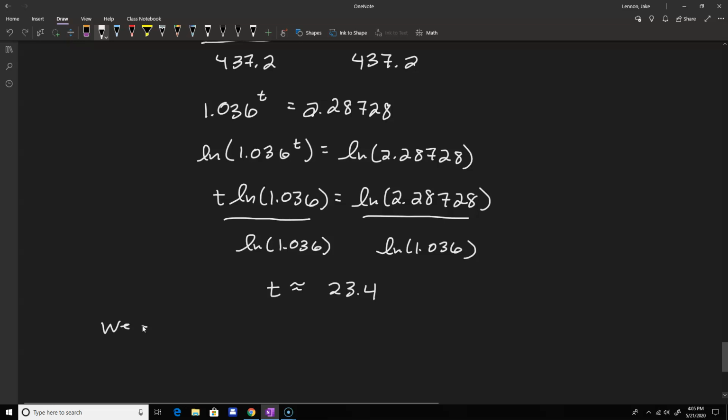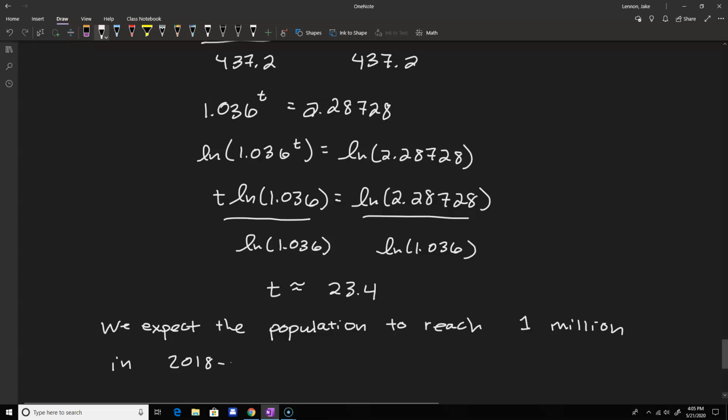So we expect the population to reach 1 million, and we'll just write down 2018 to 2019.